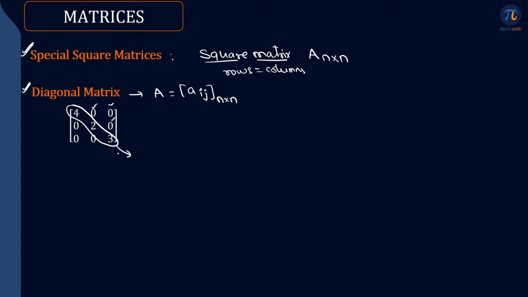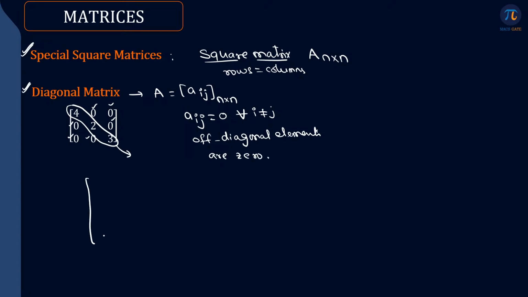Main diagonal, whether they are 0 or not does not matter, but all the off diagonal elements, we call them off diagonals. Okay, all the off diagonals are 0. That is Aij is equal to 0 for all i not equal to j. We call them off diagonal elements. Off diagonal elements are 0.